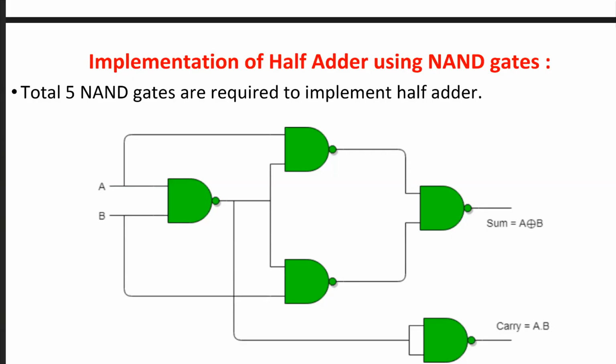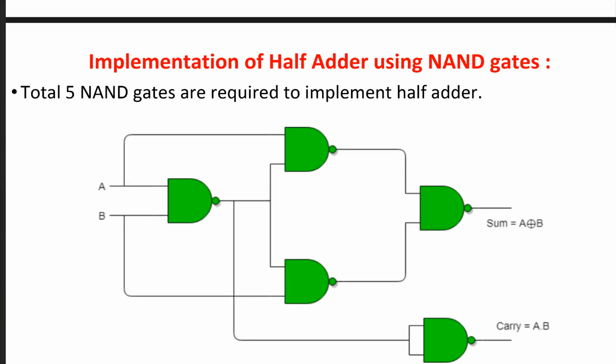You first draw the circuit, then write the output after each NAND gate, and then you see sum S comes out to be A XOR B, that is X dash Y plus X Y dash, and carry is X dot Y.